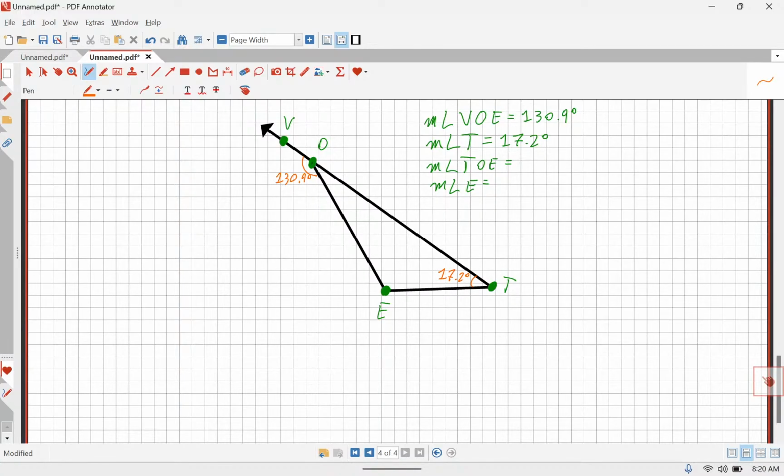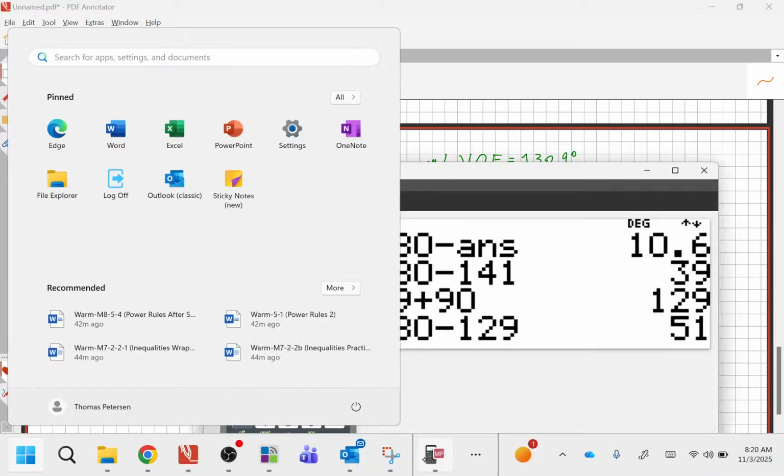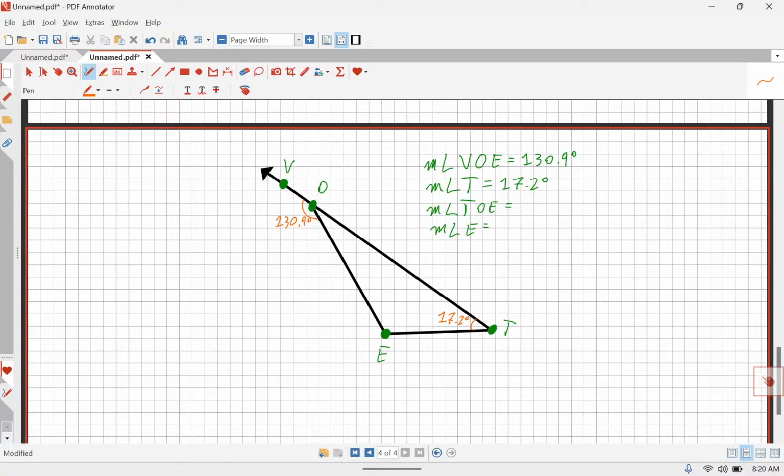Which angle made more sense to go for, Noah? Angle TOE, the little one on the inside, or angle E, this guy over here? I agree. How do you find angle TOE? 180 minus 130.9, and that's 49.1. So that would be that little angle in there, 49.1 degrees.